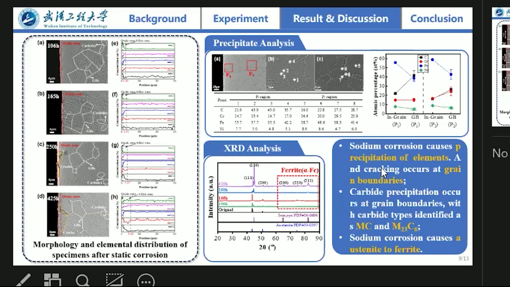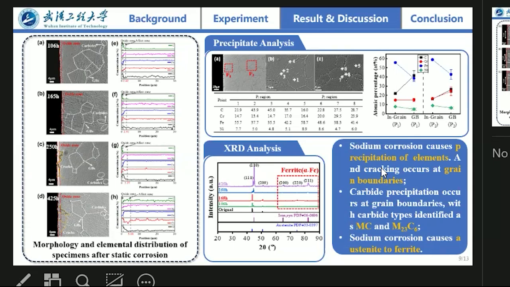We define the oxide zone and affected zone, and we do the precipitation and XRD analysis. You can see in these two parts, it means sodium corrosion causes precipitation of elements, and cracking occurs at the grain boundaries.